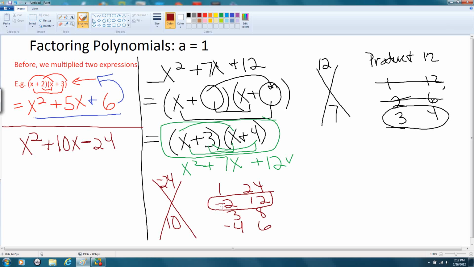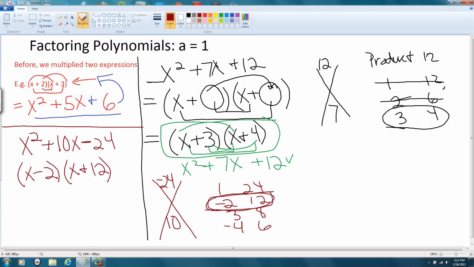The product here is negative 24, and in the sum, negative 2 plus 12 is 10. So factoring this, I must have x minus 2 times x plus 12.